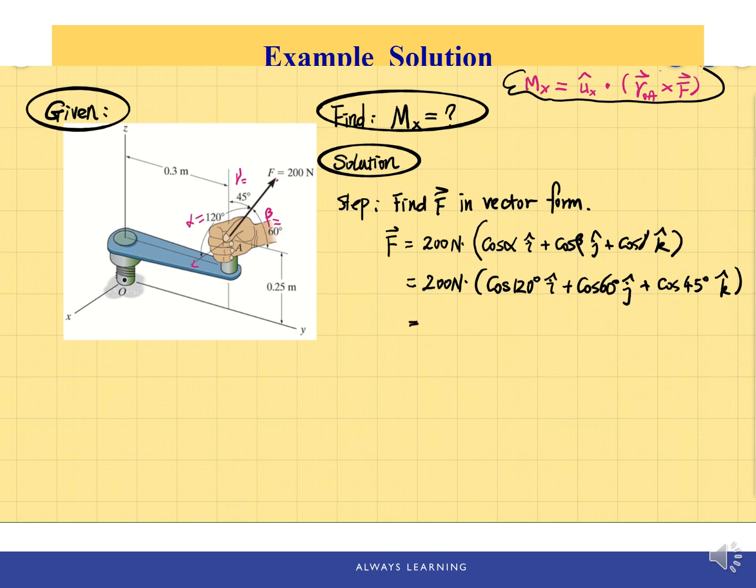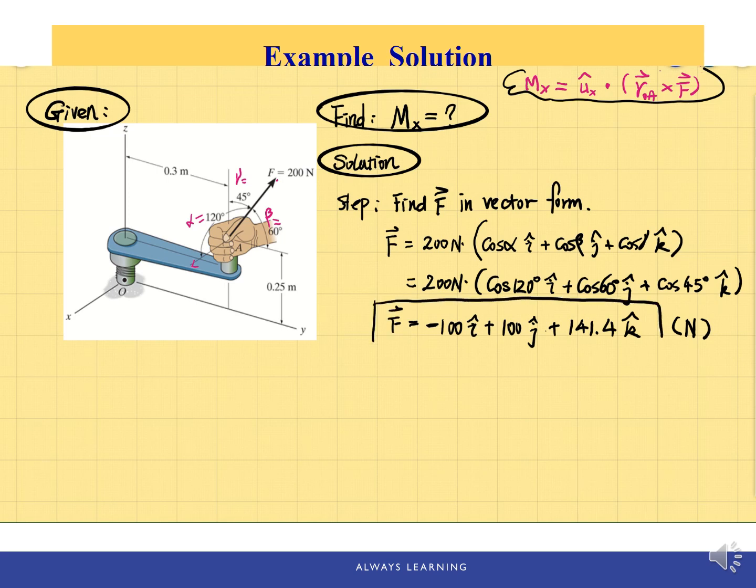And this will be solved to be negative 100 I hat plus 100 j hat plus 141.4 k hat, in the unit of Newton. So this is the force in vector form.